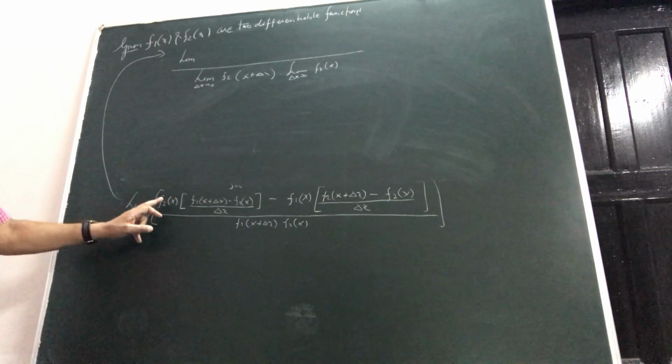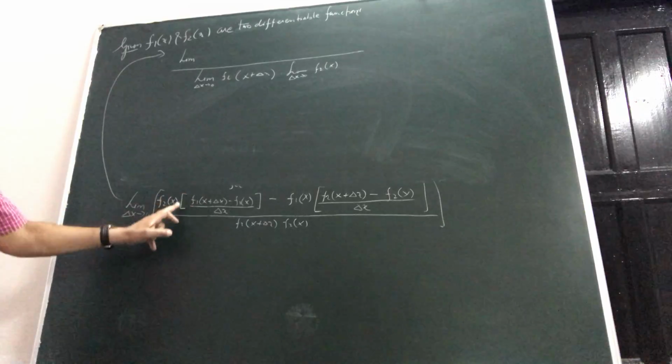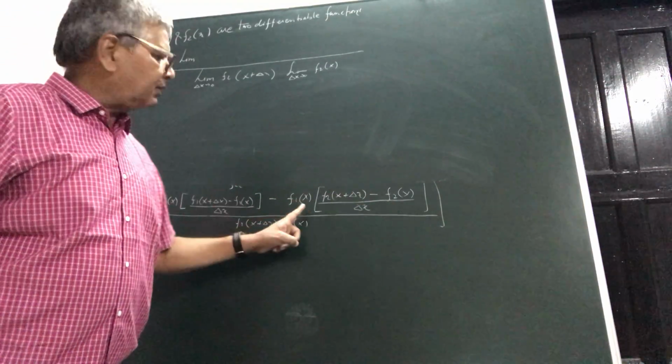This thing is the product of two functions, this and this whole thing written. Likewise, this is also a product of two functions.